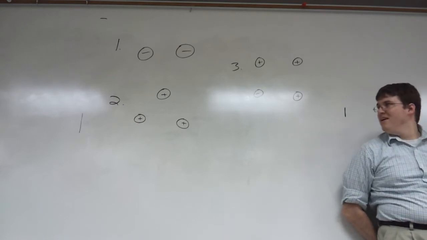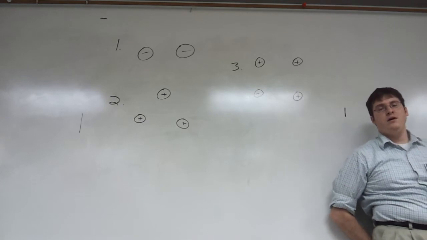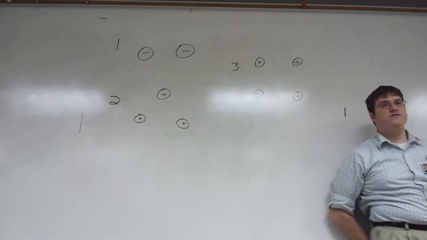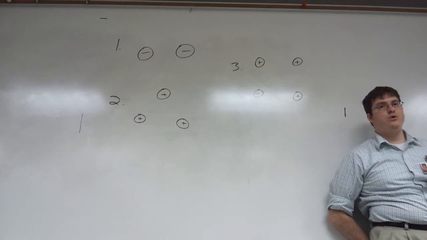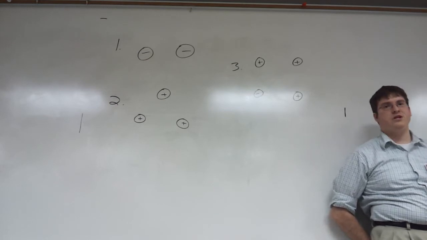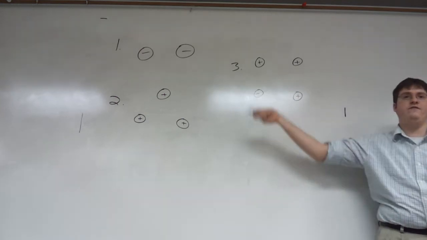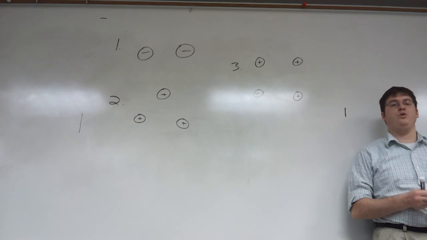Remember the rules for drawing electric fields? Number 1, it's the direction that a positive charge would go. Number 2, they go out from positive into negative. Number 3, the number of lines is proportional to charge. These all have the same amount of charge, so we don't need to worry about that one.